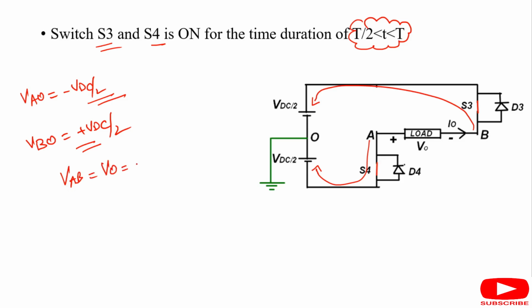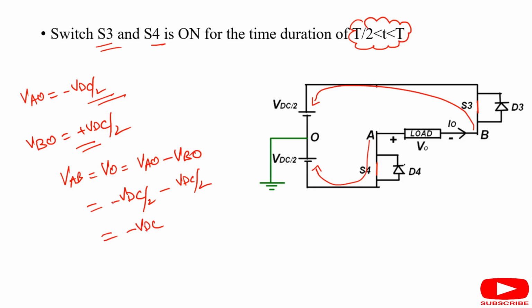That will be the difference between the pole voltages, VAO minus VBO. When we put the values of VAO and VBO here, it comes out to be minus VDC by 2 minus VDC by 2, which is minus VDC.